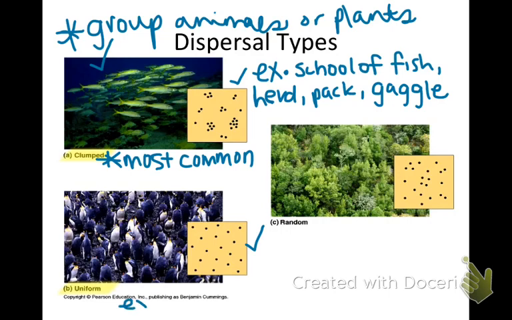So go ahead, put an example out beside there. Penguins, or sometimes if you look at tree farms, that's a man-made one. But these are evenly spaced inside a territory for penguins.